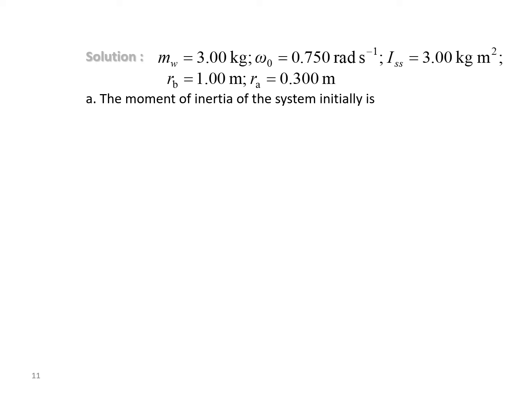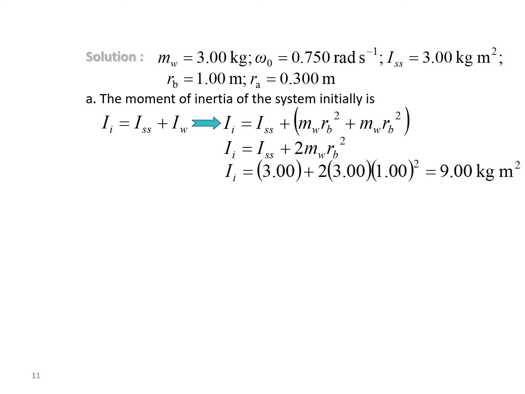The moment of inertia of the system initially is the student plus stool, which is constant, including the weights he is carrying. So student plus stool, which is constant, added to the weights he is holding, which is m r square. The distance is 1 meter, so we calculate the total value, which ends up as 9.